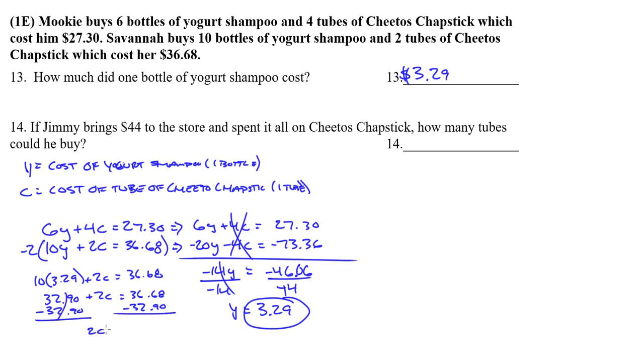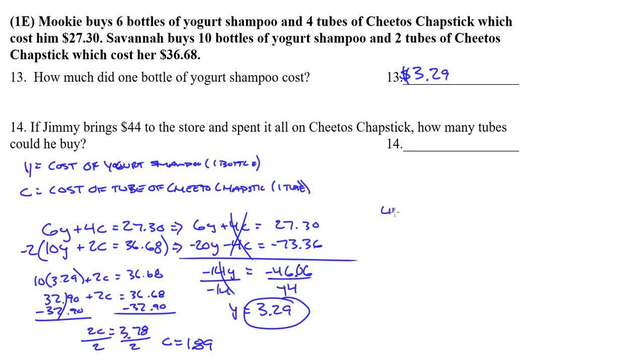All right, and we get 2C is, let's see, 36.68 minus 32.9 gives us 3.78. Now that's for 2 tubes, so we got to divide that by 2 to find that each Cheeto chapstick costs $1.89. Okay, so if a tube of Cheeto chapstick costs $1.89, he's got 44 bucks.